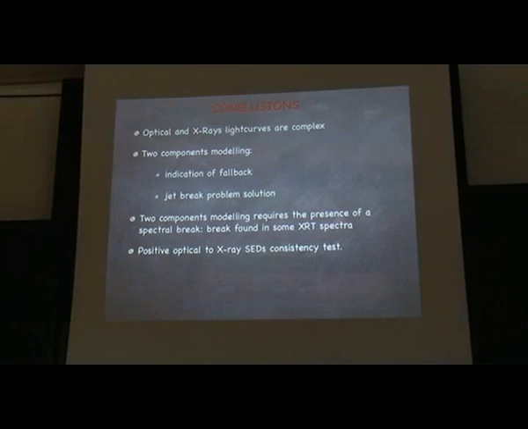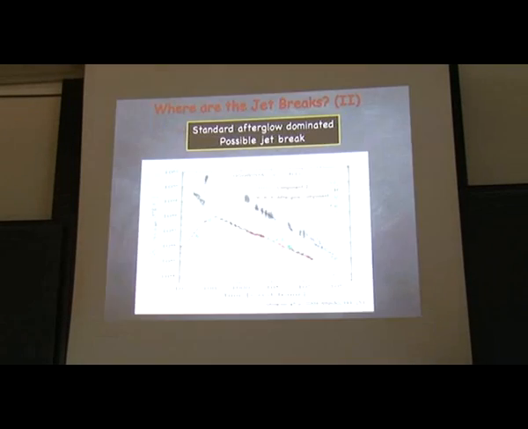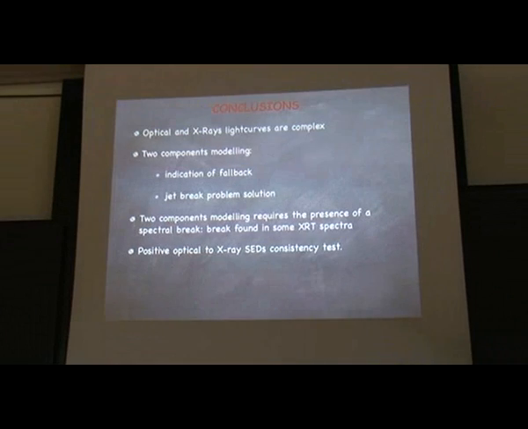In conclusion, I've shown you that the optical and X-ray light curves are really complex in the Swift era. We try to model these light curves with two separate components, and we start to have some indication of a possible physical mechanism that can describe this component 2, and I can give a possible solution to the jet break issue.